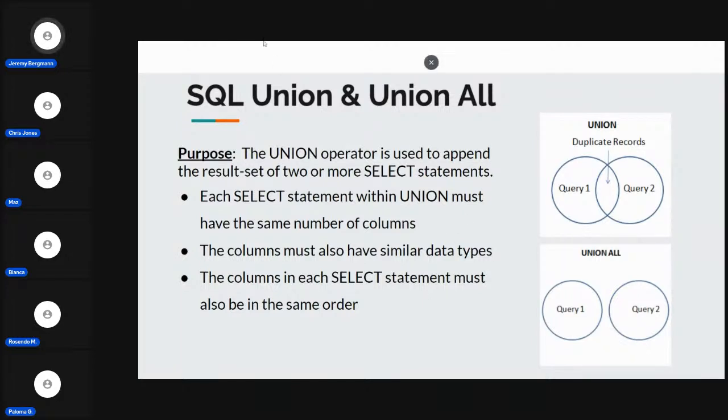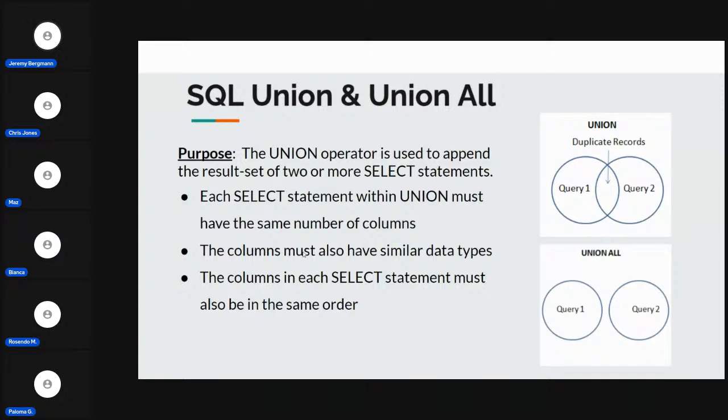There are a few requirements to union and union all. Each select statement within a union must have the same number of columns. That's where the columns have to match each other. The columns must also have similar data types. So you can't mix integer decimals with character data types, even if they have the same name.